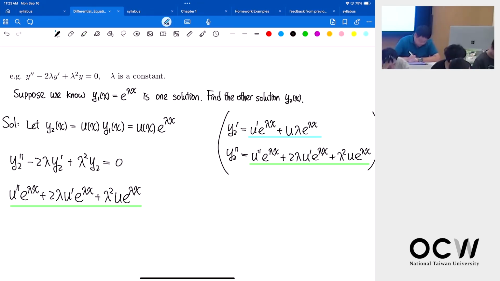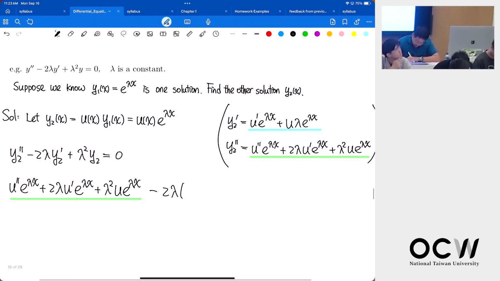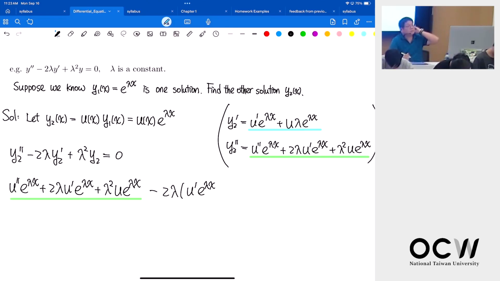Now, minus 2 lambda y2 prime, which is u prime e to the lambda x plus u lambda e to the lambda x.